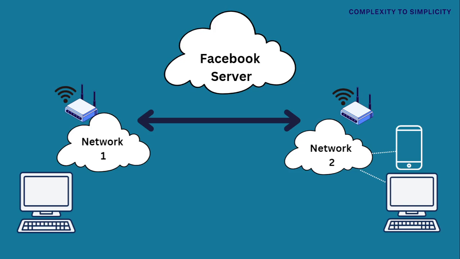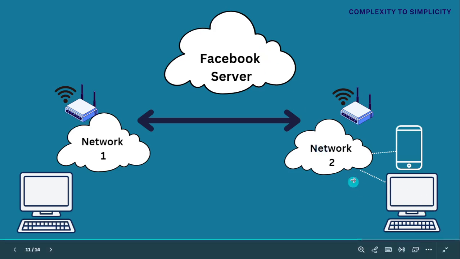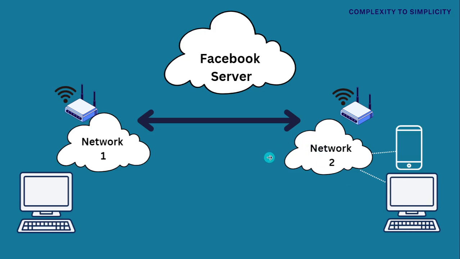The Facebook server has already added the sender's and receiver's IP addresses into the packet that is going to be sent, and then, based on the IP addresses, the packet will be received by this specific computer. So the packet first moves from the Facebook server through network 2 and then to computer B. So based on the IP addresses, or we can say mask, the routing decisions are made in a computer network.